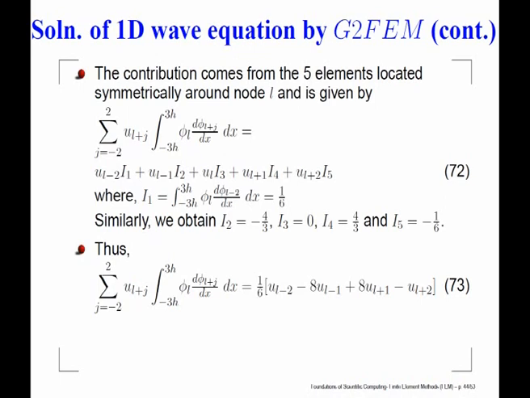So if I2 is minus 4/3, I4 will be plus 4/3, and if I1 is plus 1/6, I5 will be minus 1/6. Okay. So basically then you will find out that this will give you this, and once again you can clearly identify this is like your CD4 expansion of del u del x in the finite difference method, right. That is what you get.